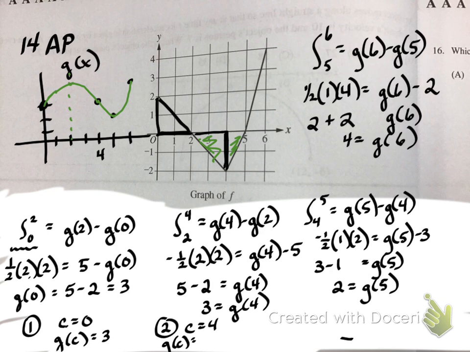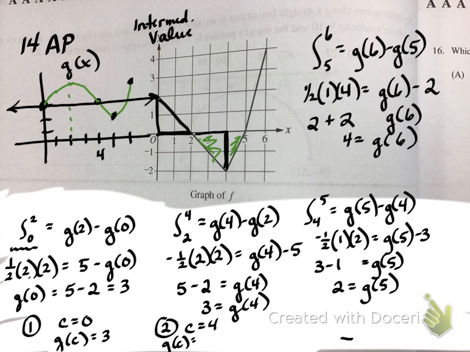Well, we found two spots where g of some x value was 3. And because this thing's continuous, there's going to be another between 5 and 6. And if you're taking the exam, that's using the intermediate value theorem because it's continuous.